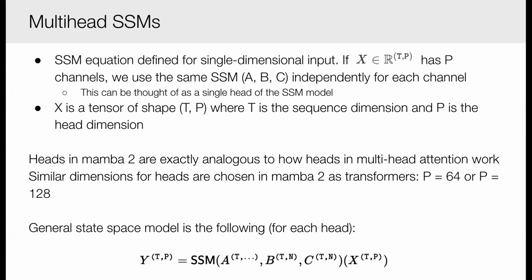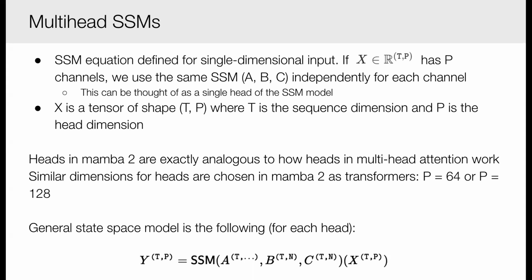So this is just a basic intro of multi-head SSMs. We're going to be talking about single head SSMs from this point onwards. But if you want to know how it looks as a big picture, a multi-head SSM just has your parameter P, where P is the dimension of your head. The heads in Mamba 2 are basically exactly analogous to multi-head in a transformer.